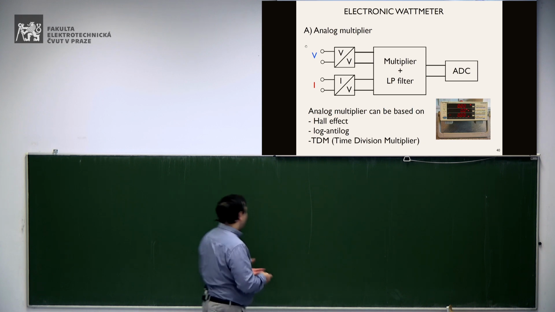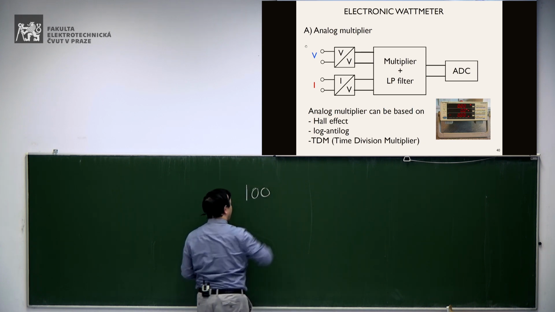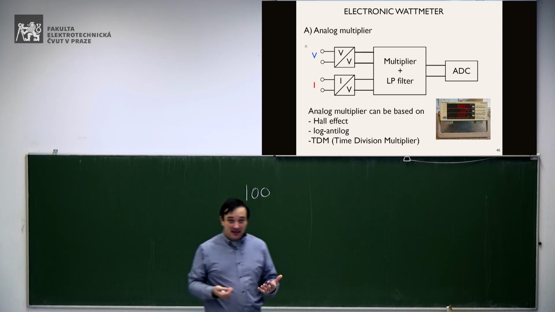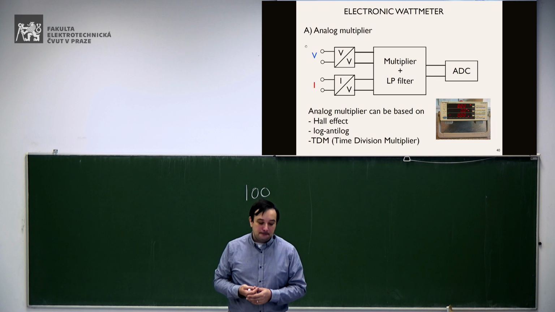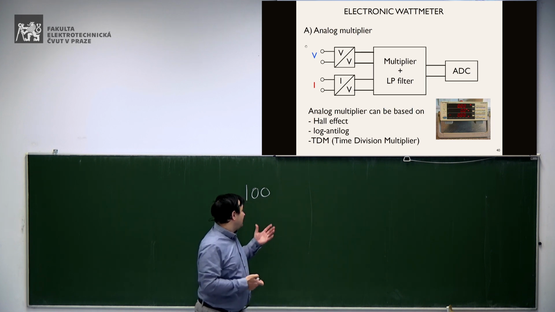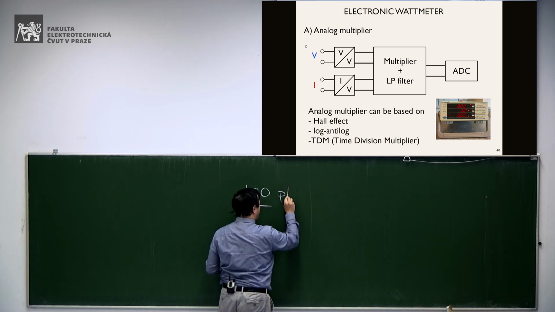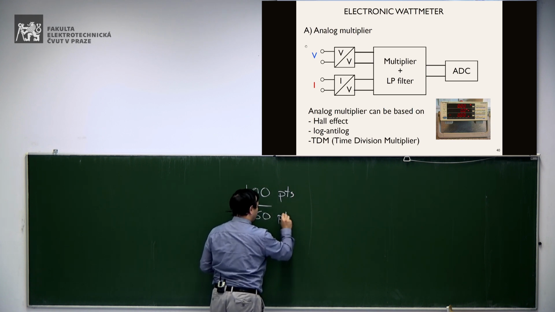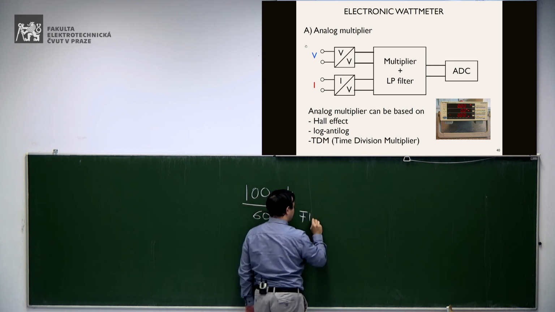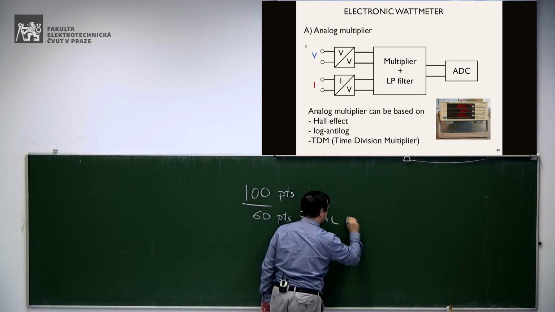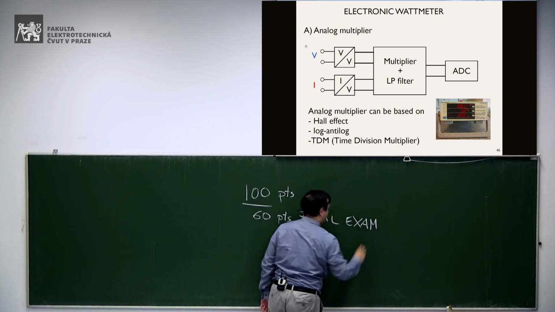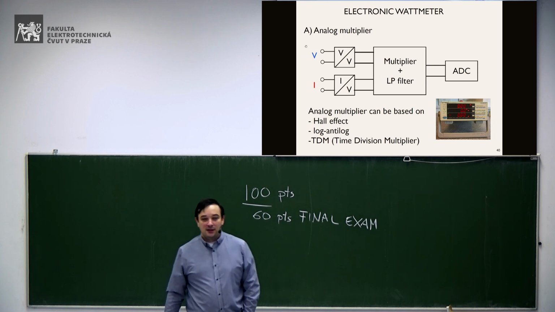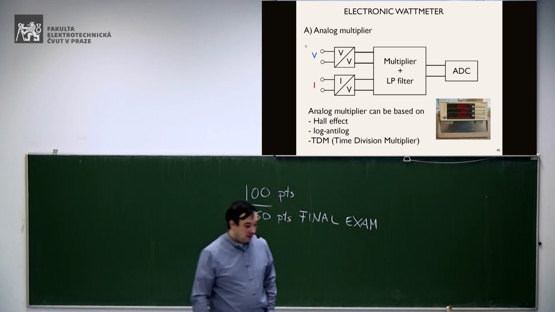So typically, we give 100 points total, which corresponds to the grade A. And out of these 100 points, we give 60 points for the final exam. So you will take a test at the end of the course where you can get 60% of the total points.